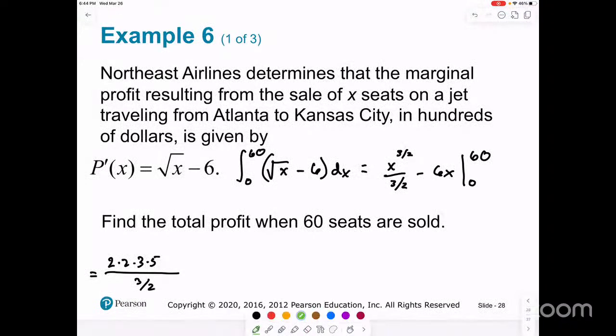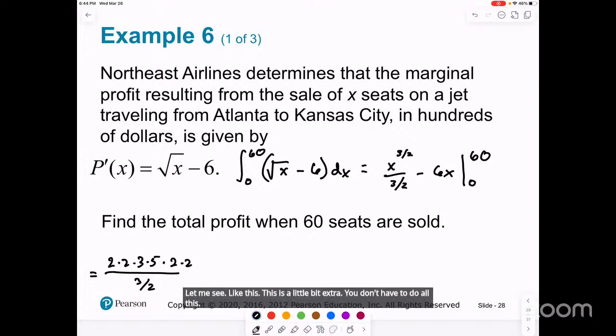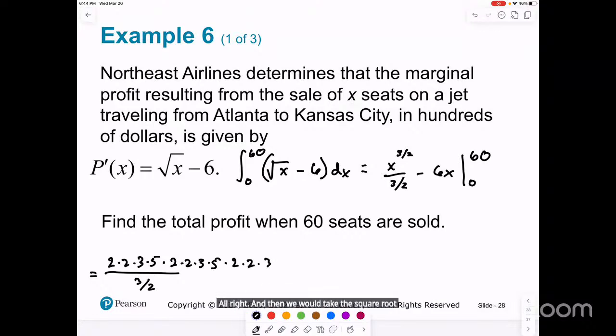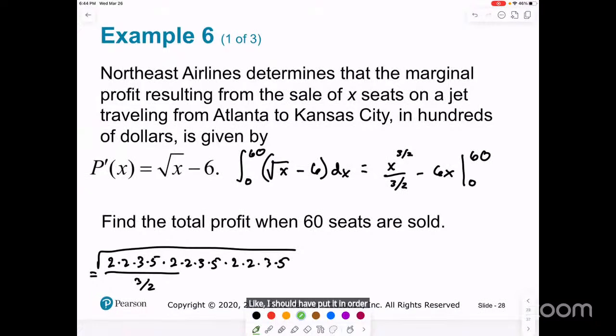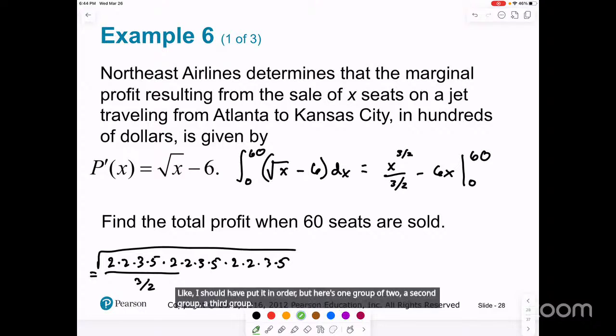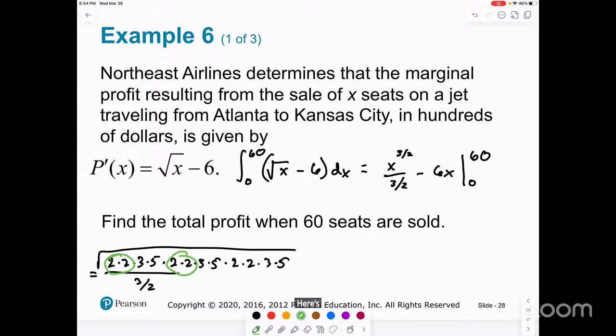Let me see. Like this. This is a little bit extra. You don't have to do all this. I'm just playing around. All right. And then we would take the square root. So then how many groups of 2? I should have put it in order, but here's one group of 2, a second group, a third group. Here's a group of 2. Here's a group of 2. Okay.